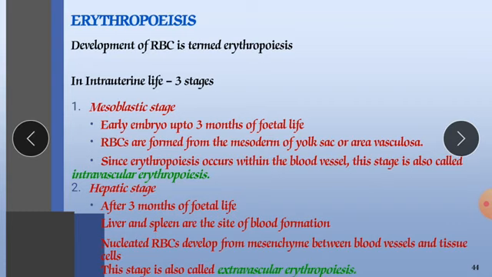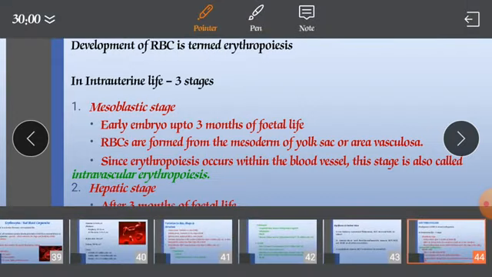Hepatic stage. After 3 months of fetal life, the liver and spleen are the sites of blood formation. Nucleated RBCs develop from the mesenchyme between blood cells and tissue cells. This is also called extravascular erythropoiesis.